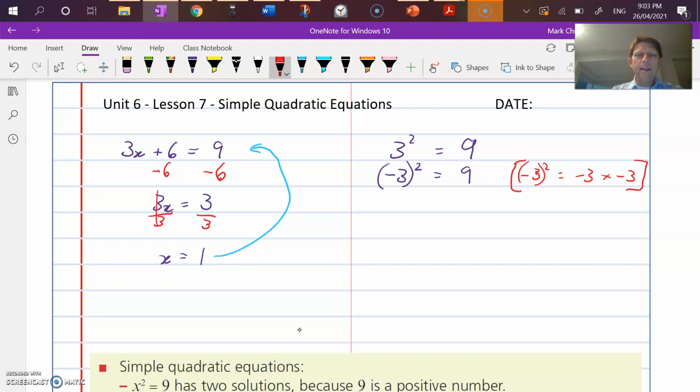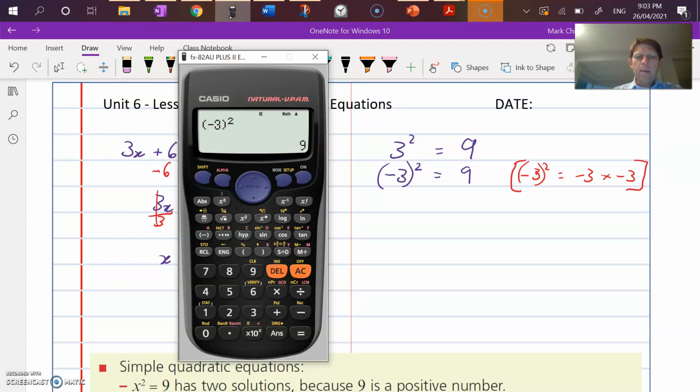Now, there's just one other little thing I want you to do for me. Be very careful with this. If I put minus 3 squared into my calculator without brackets, it's going to give me minus 9. And that's because the calculator doesn't know what you want. It only can act on what you've told it. And what you've told it is to square 3 and then make it negative. All right?